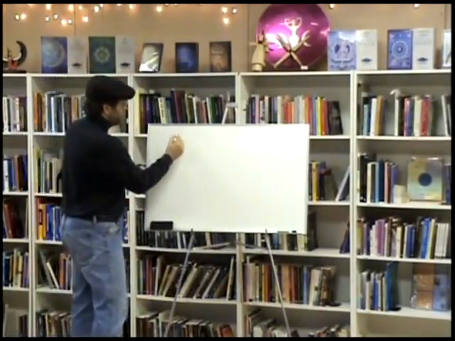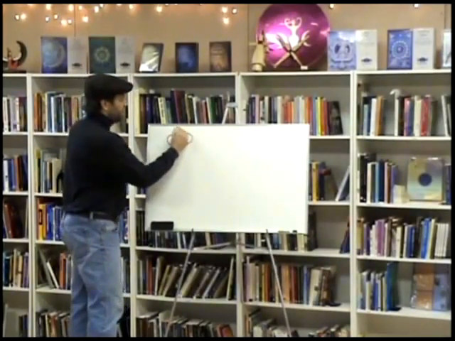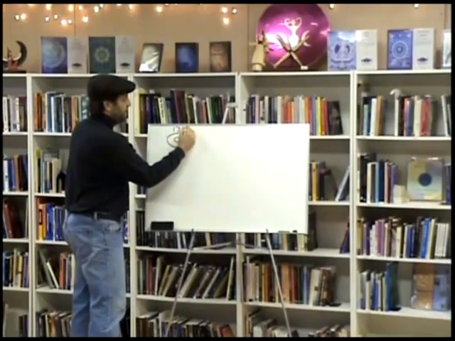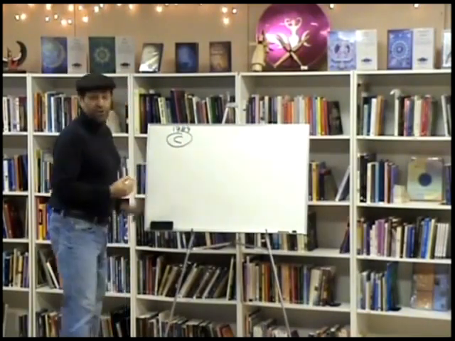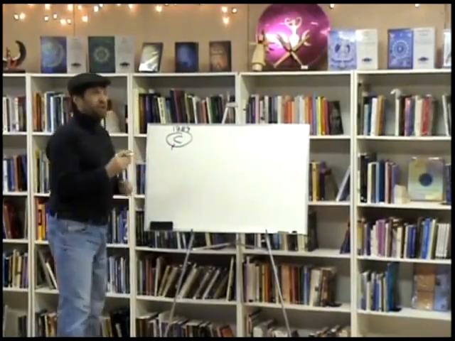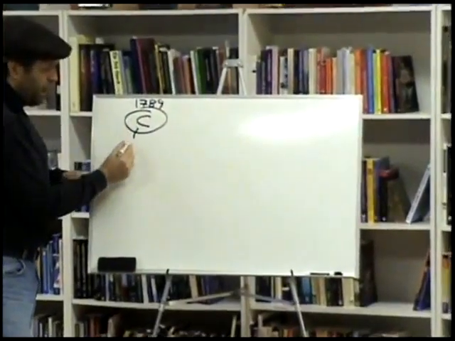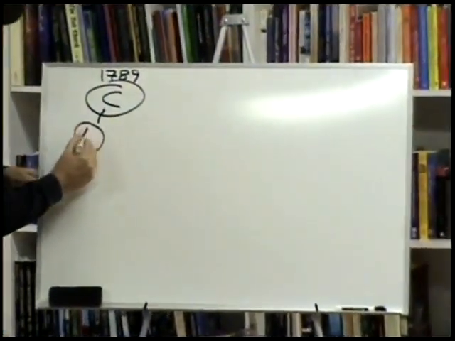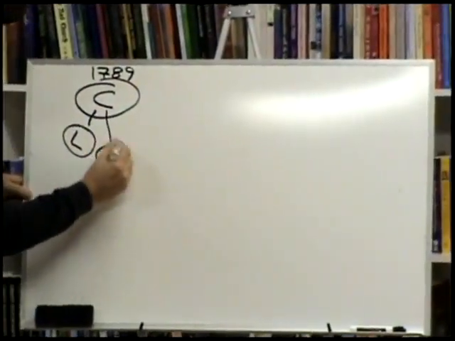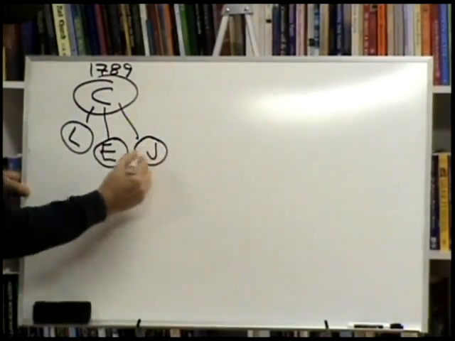Here is the 1789 Constitution. It was a contract. A byproduct of this was the legislature, the executive, and the judicial branch.